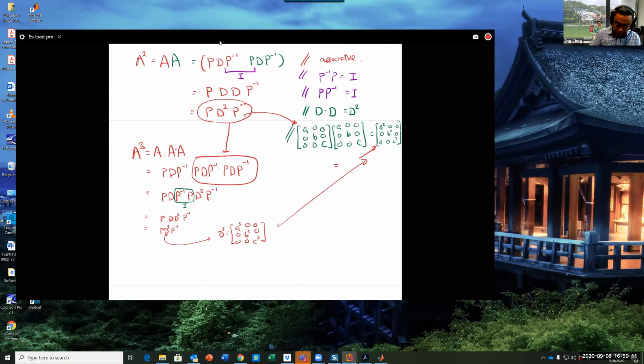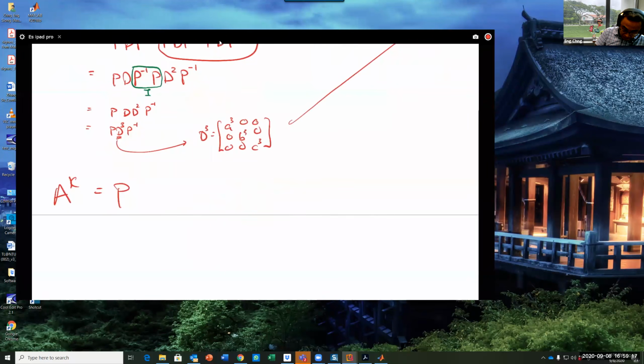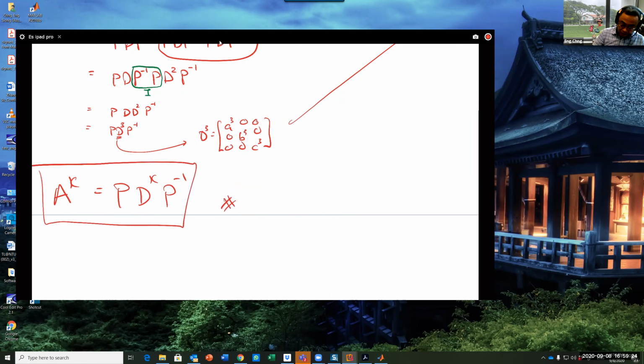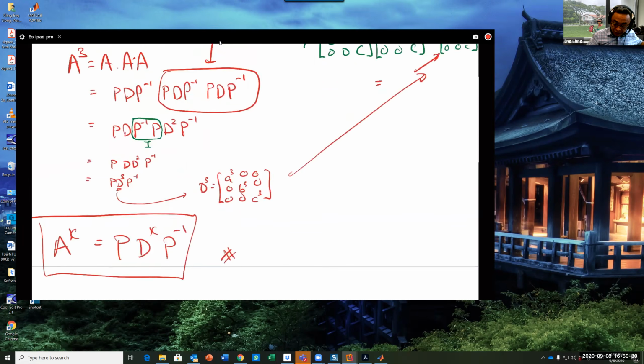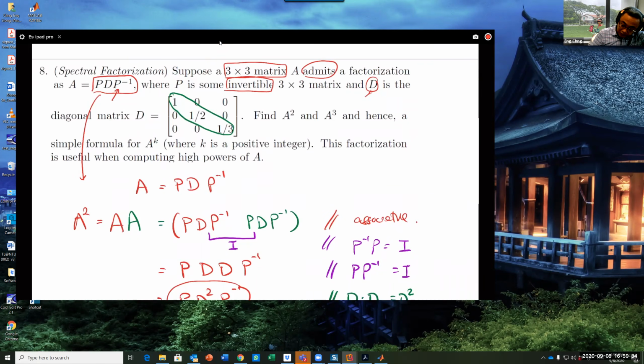Okay, so to generalize, then A to the K equals to P D to the K P minus 1. Clear? All right. So therefore, then we look back at the question again. So now we find A square, we find A cube, we find A to the K, and we realize that this is the answer.